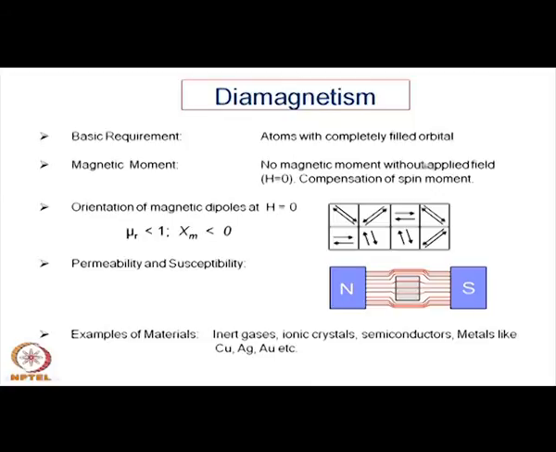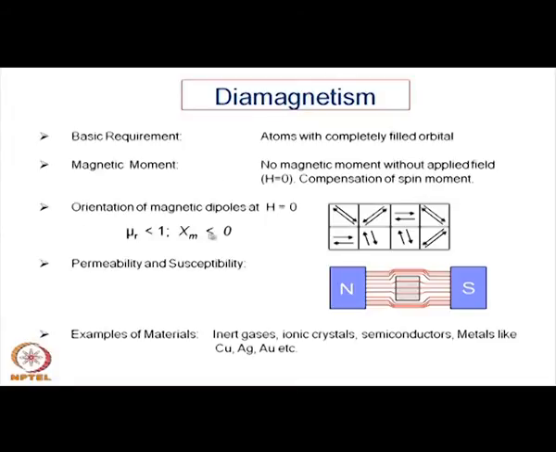No magnetic moment without an applied field. Just because they have filled shells, in principle they should have a magnetic moment, but they do not generate any magnetic moment, because of the compensation of spin moments. Each one of them has a negative and positive component, so obviously they cancel each other.